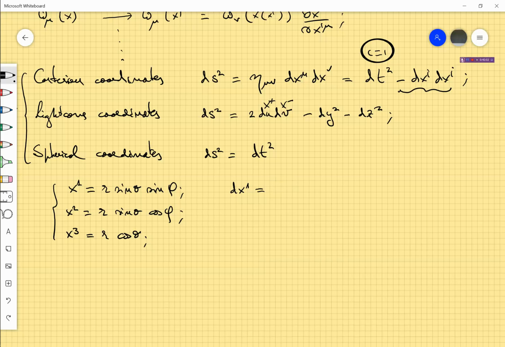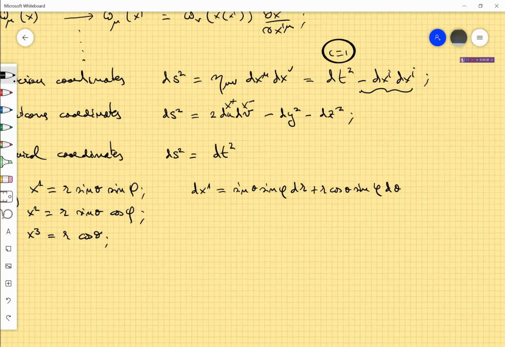First I take the partial derivative with respect to r, so I get sine theta sine phi dr, plus the partial derivative with respect to theta, so it is plus cosine theta sine phi d theta, plus r sine theta cosine phi d phi.